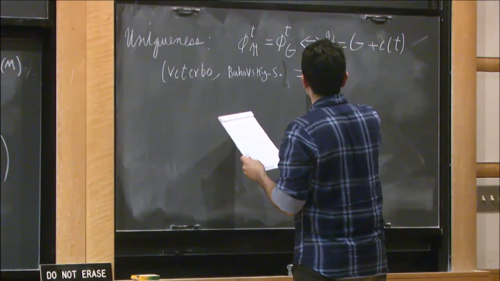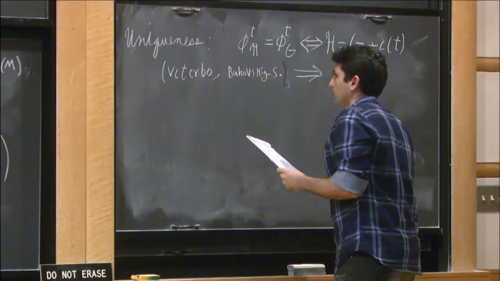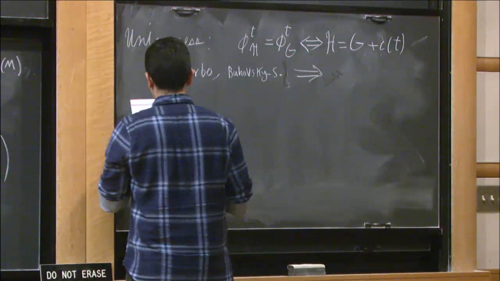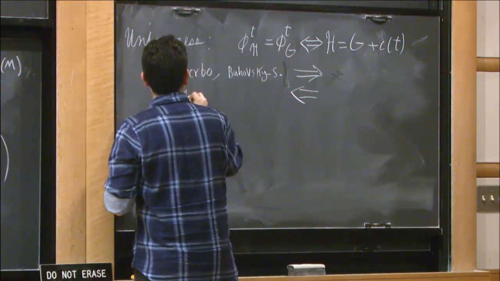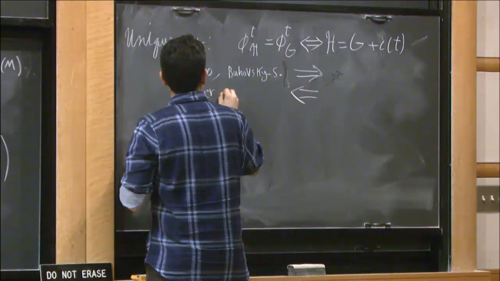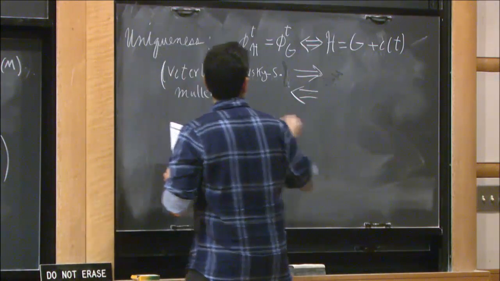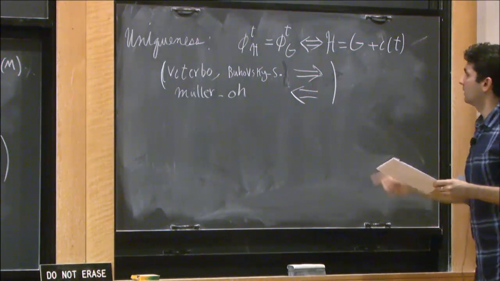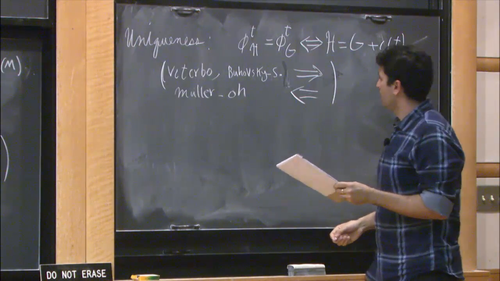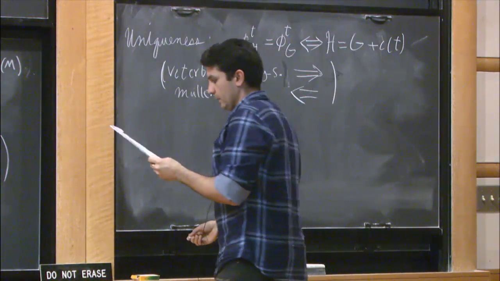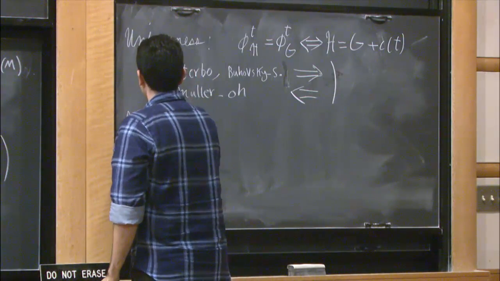This direction was proven by Viterbo and Buhovsky and myself, and then this other direction was proven by Muller and Oh in their original paper. The uniqueness of the Hamiltonian is what remained open. Here is another interesting property that these have. So let's recall.